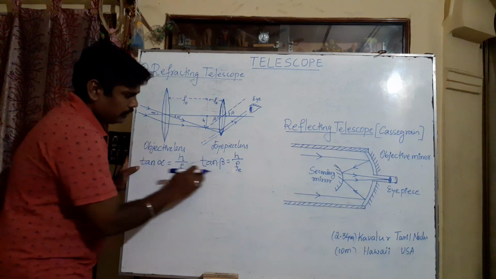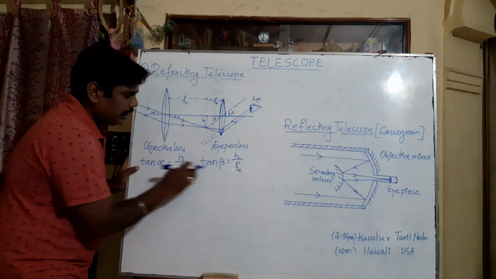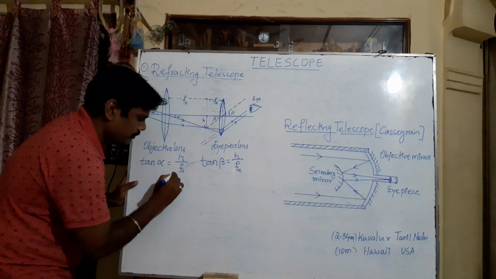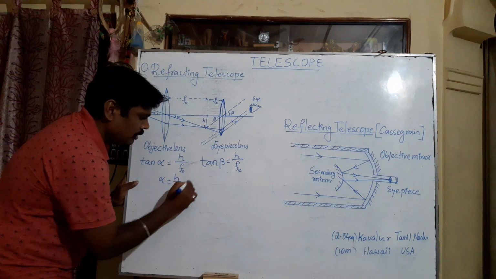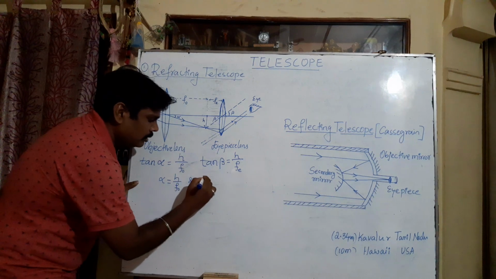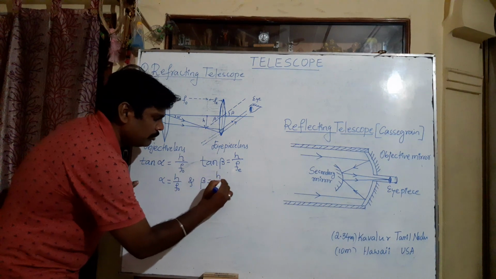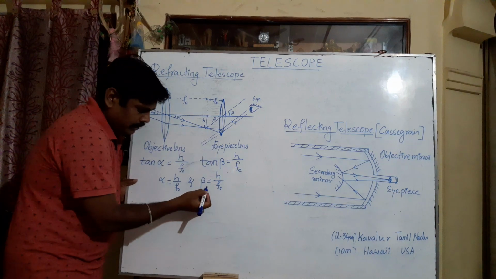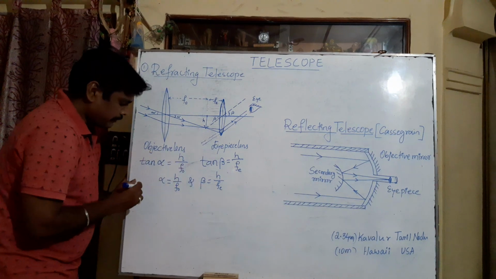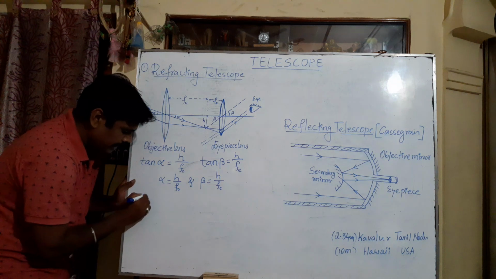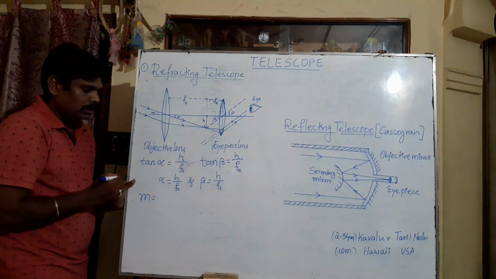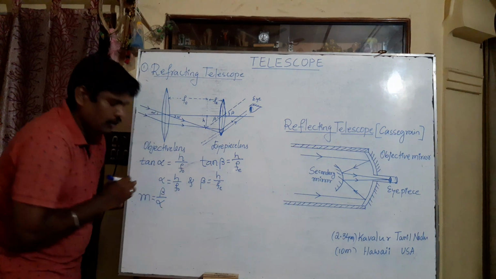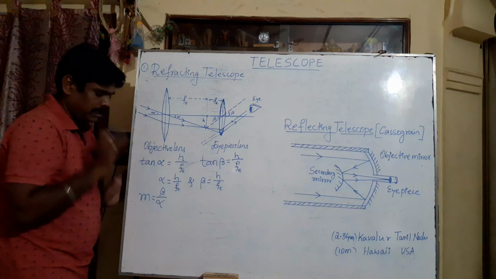Now we are getting tan alpha. Since alpha and beta are very small values, we can take alpha equal to h by f0, and beta equal to h divided by fe. According to the definition of angular magnification, m is the ratio of beta to alpha, the angular magnification produced by the lens.